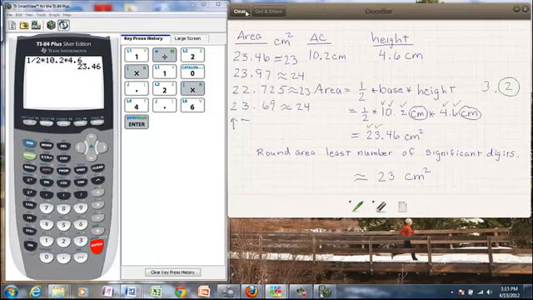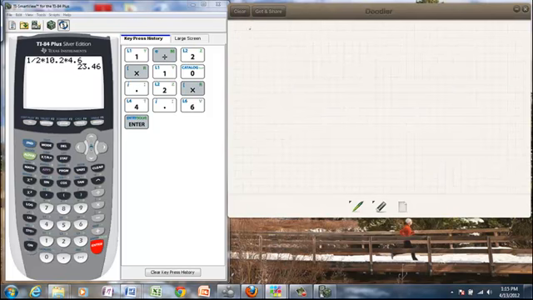All right, let's see if we can use those rules to do problem number 5. So number 5 has to do with the circle, and they want us to find the circumference and the area.